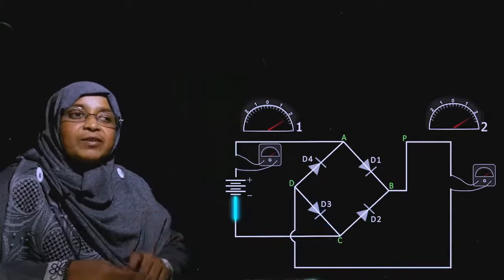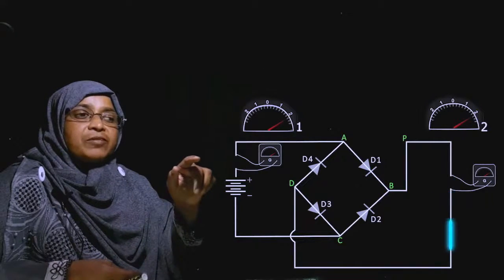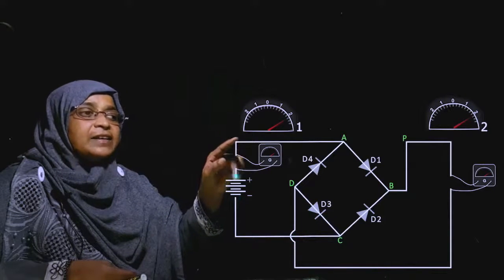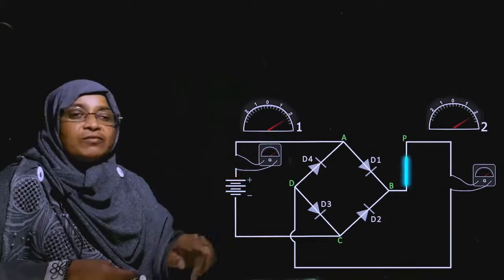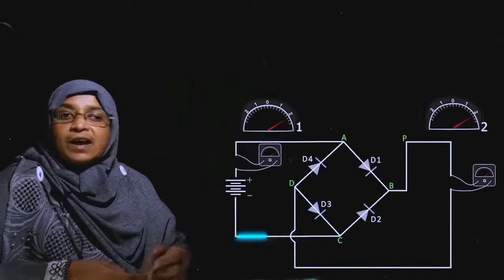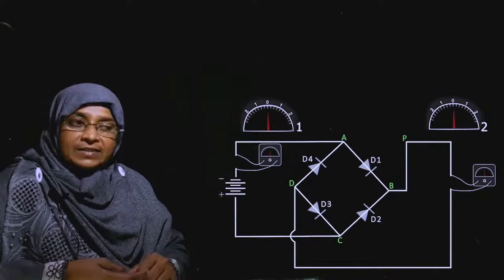Observe the galvanometer clockwise, current passing from D1 and passing from P, and the galvanometer indicates clockwise and current reaches the negative.